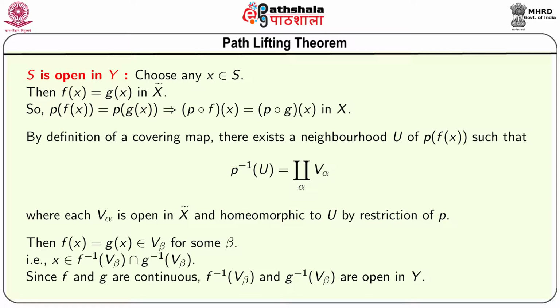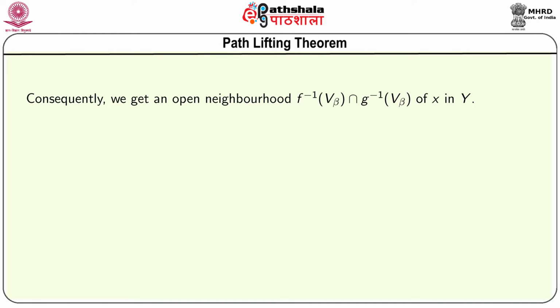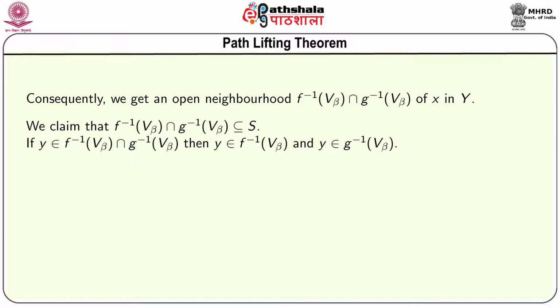Since f and g are continuous, f inverse V beta and g inverse V beta are open in Y. Consequently, we get an open neighborhood, f inverse V beta intersection g inverse V beta, of x in capital Y. We claim that this intersection is a subset of S. If I take a point y from f inverse V beta intersection g inverse V beta, then y belongs to f inverse V beta as well as to g inverse V beta. So, both the points f(y) and g(y) are in V beta.